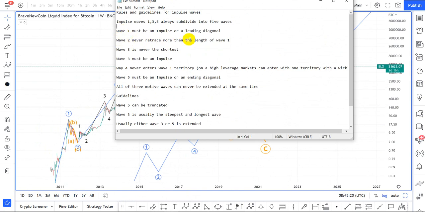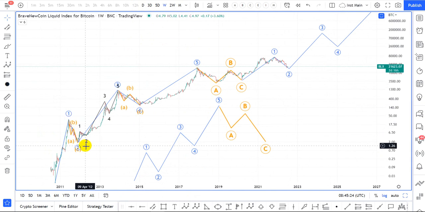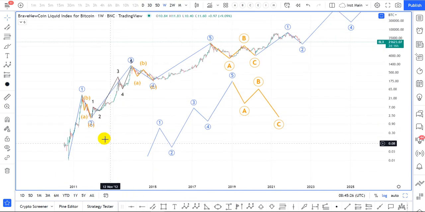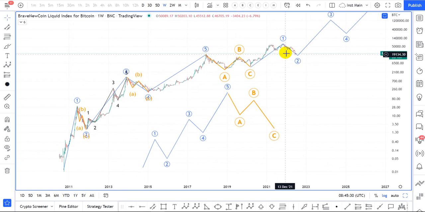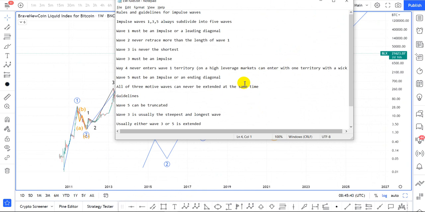Wave 2 never retraces more than the length of wave 1. So wave 2 will never retrace lower than this point. The same way here, wave 2 will never retrace lower than the start of wave 1, so it's not going to retrace more than here. We'll also talk about the probabilities of where it's most likely to land.